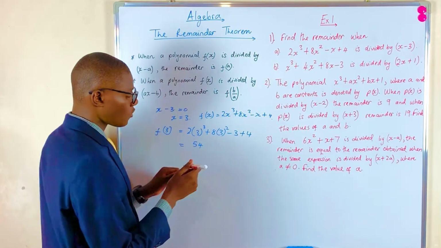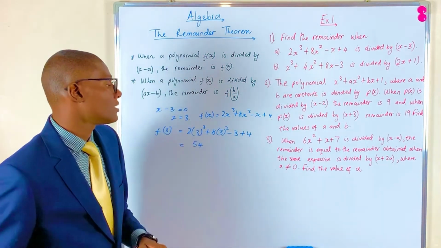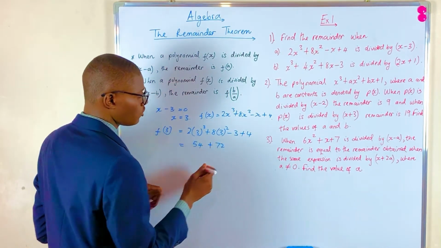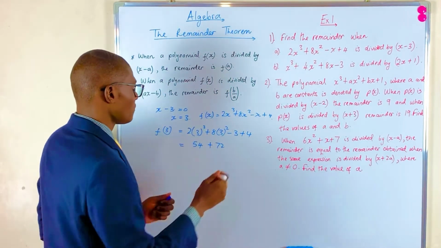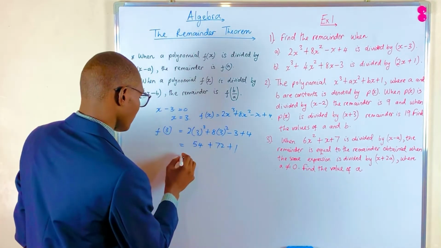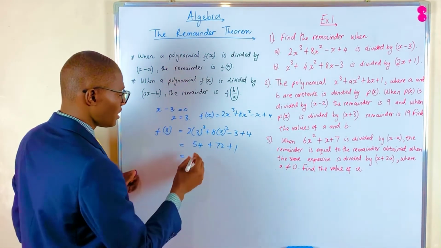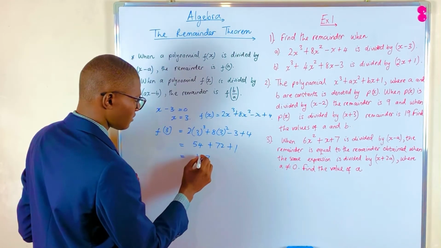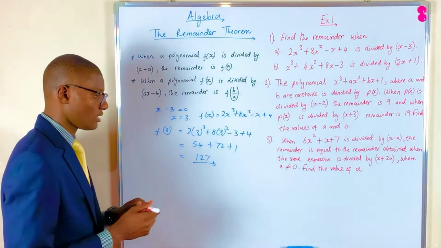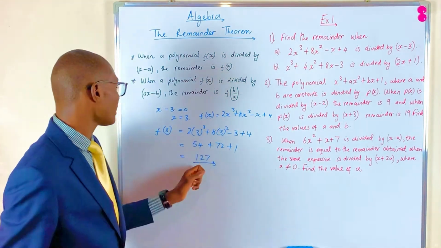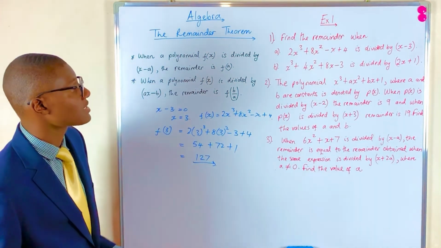And 3 squared is 9, 9 times 8 is 72. And 4 minus 3 is plus 1. Right, and the result that we get here, let's simply say plus 73. So that will be 127. So 127 is the result that we get. In other words, this is the remainder.